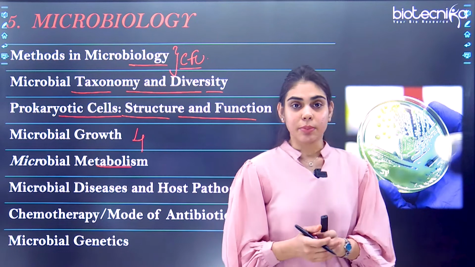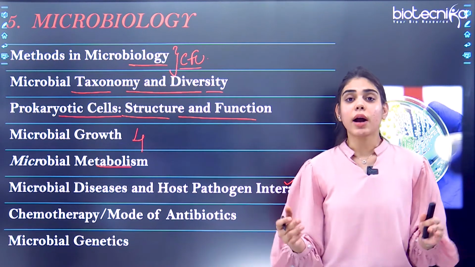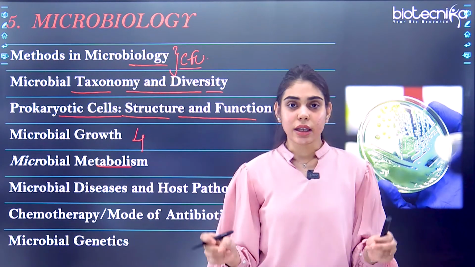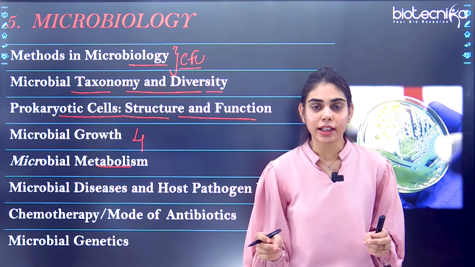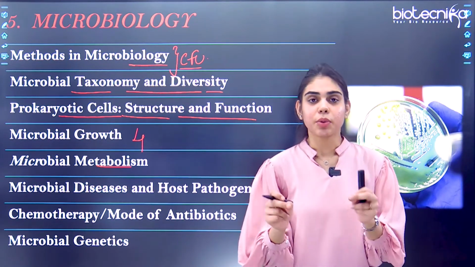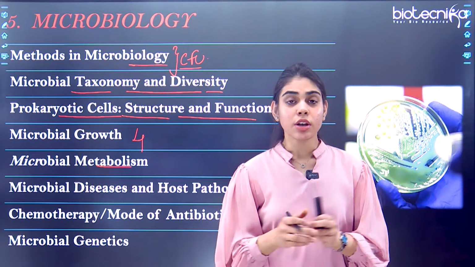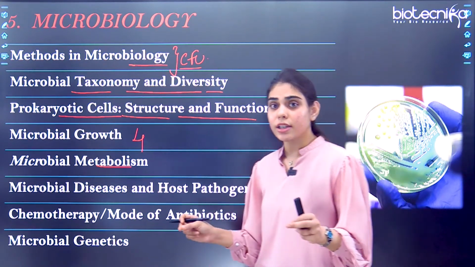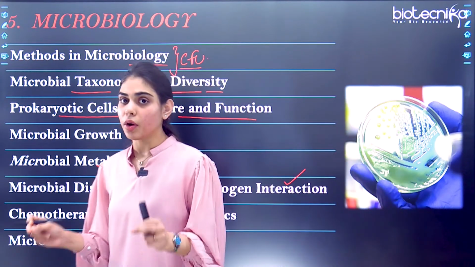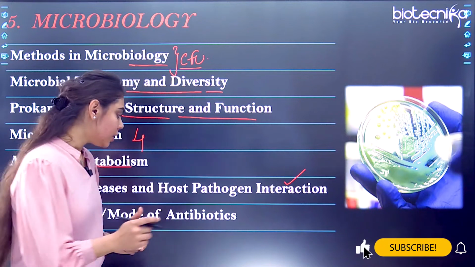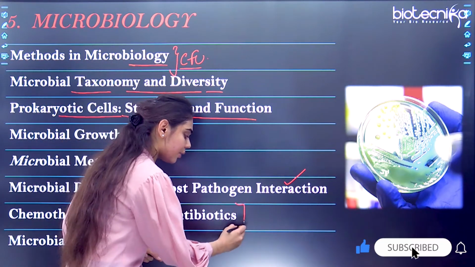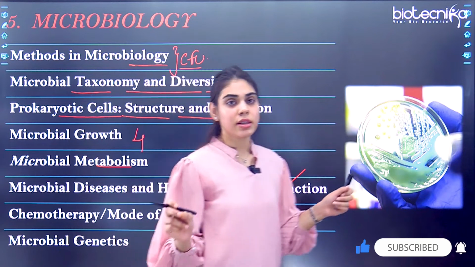What is chemotherapy? What are antibiotics? How do they act? Whether they inhibit the cell wall formation of bacteria, whether they inhibit the protein synthesis of a pathogen, whether they block the initiation or elongation pathway of protein synthesis, that is translation. Just make a comparison chart for this and try to cover this portion.